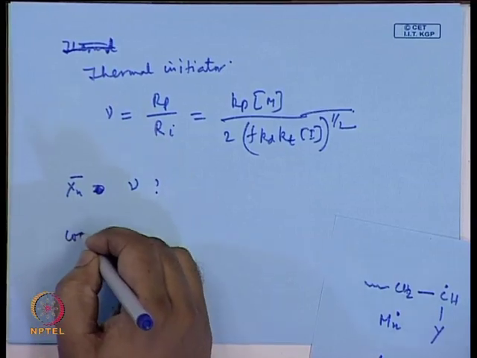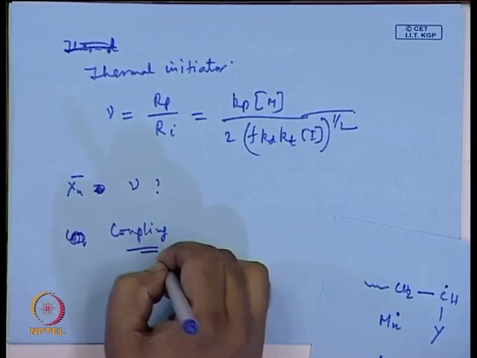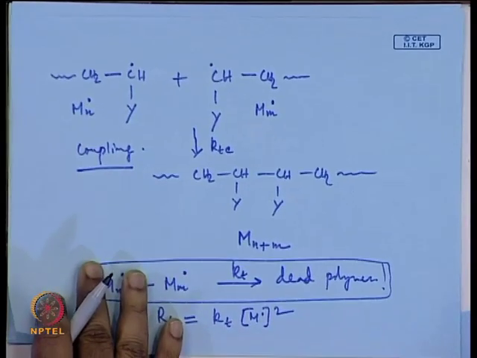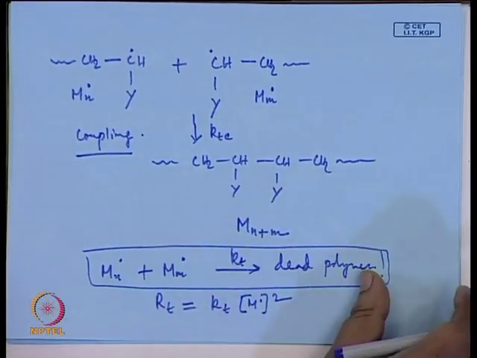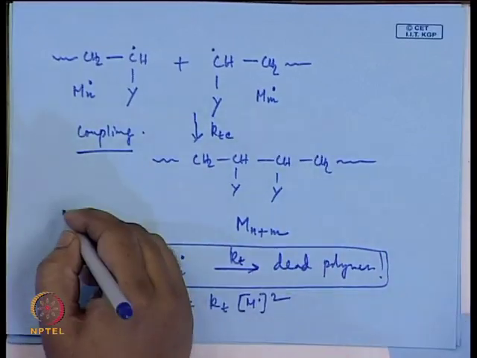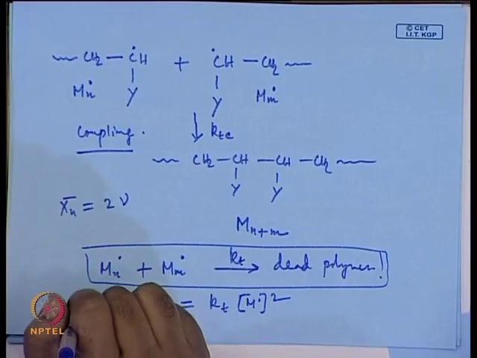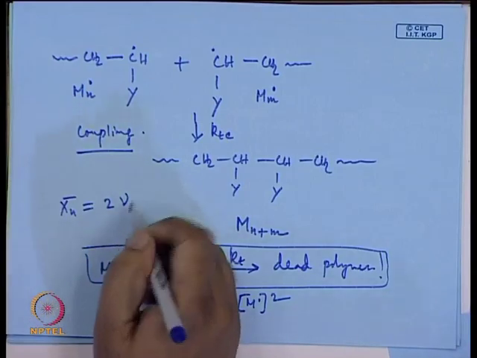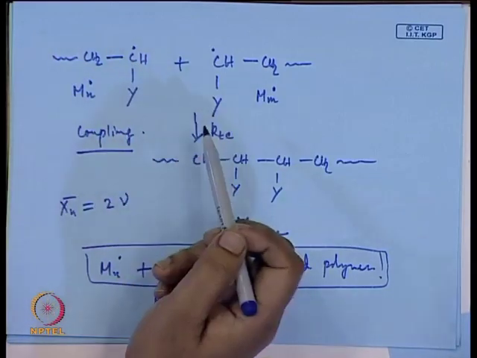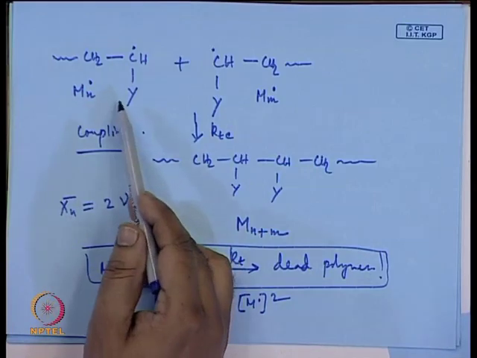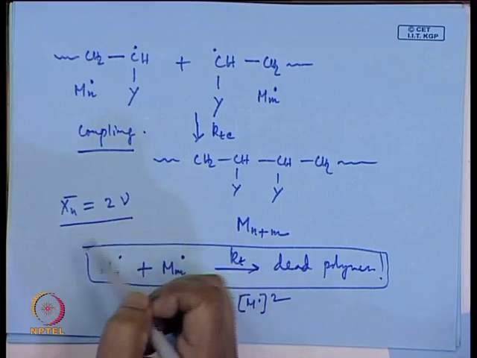If the termination is done by coupling, then Xn bar, the average degree of polymerization, would be twice nu. Nu is the average number of monomers consumed in this chain. So, the degree of polymerization will be the summation of this plus this, and we are talking about the average. So, it is 2 nu.